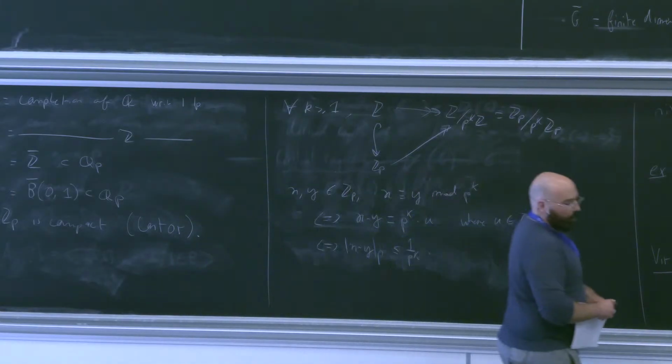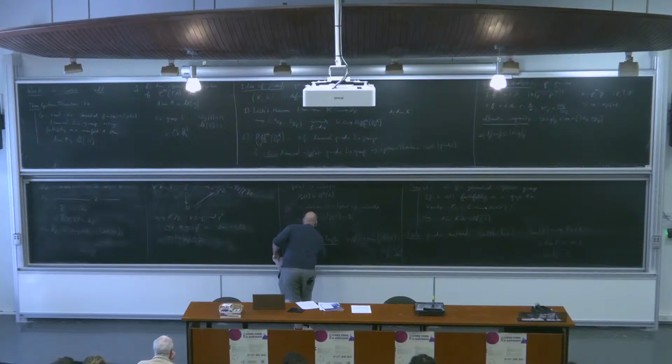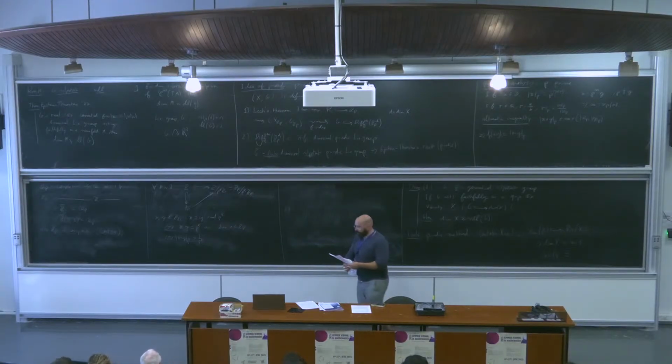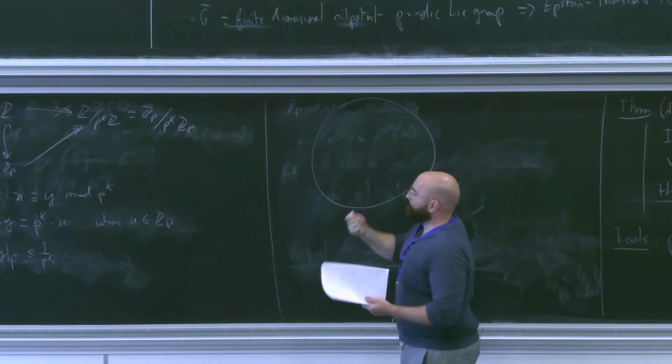And so you have this description of Zp as a Cantor set, which is easy to see with this mod p to the k map. So let me just recall this. This is my Zp. Then I can look at the class modulo p.